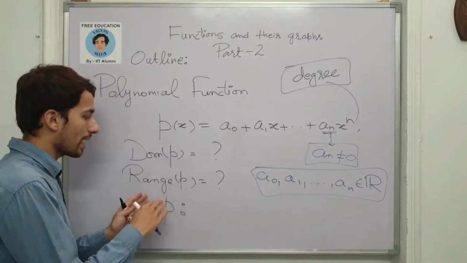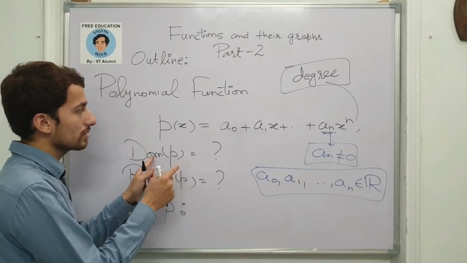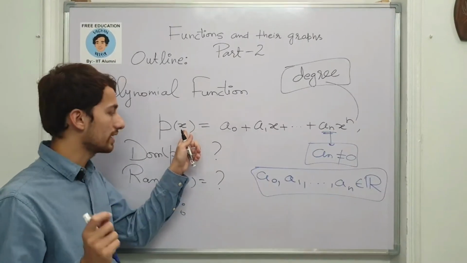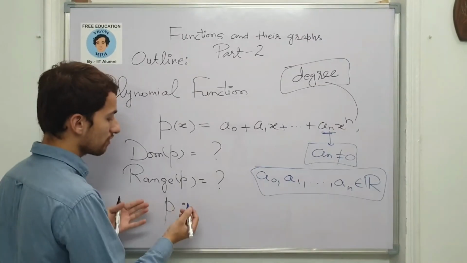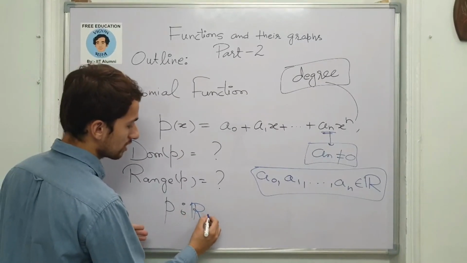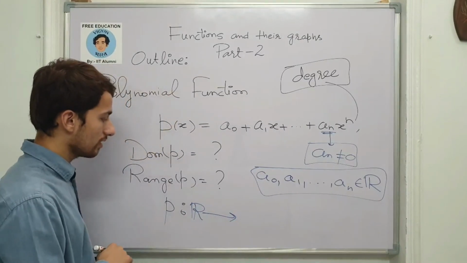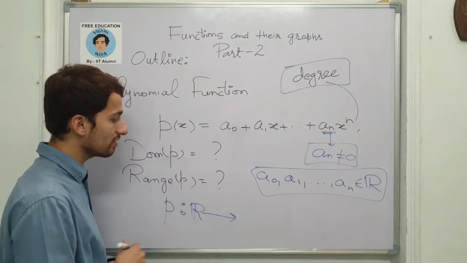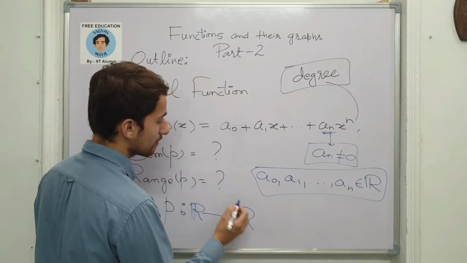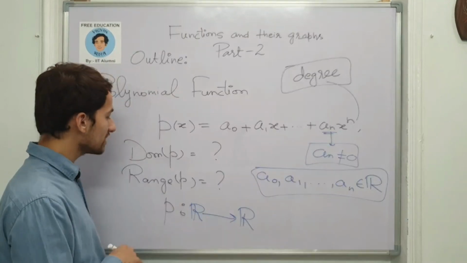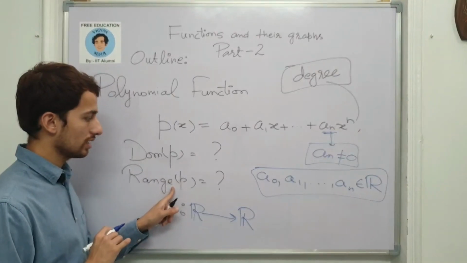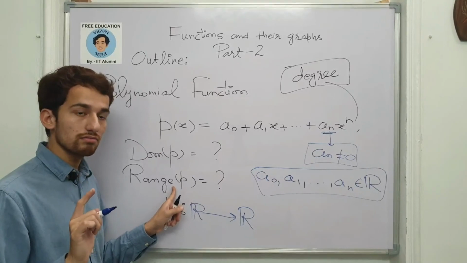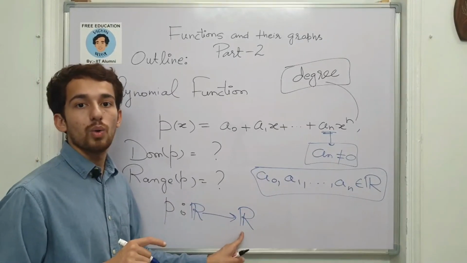So let's come back to the problem. The domain of this function will be the set of all the input values for which it is defined. So it is defined for all real values. The codomain will again be the set of real numbers. I am choosing the largest set. But the range set need not be the whole set of real numbers.